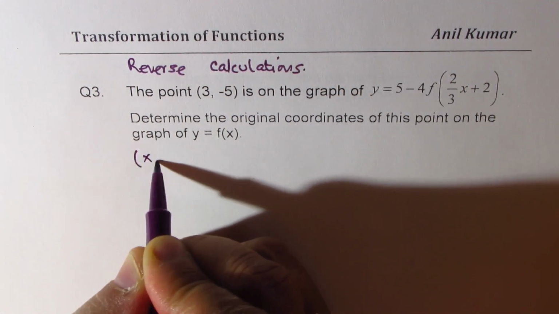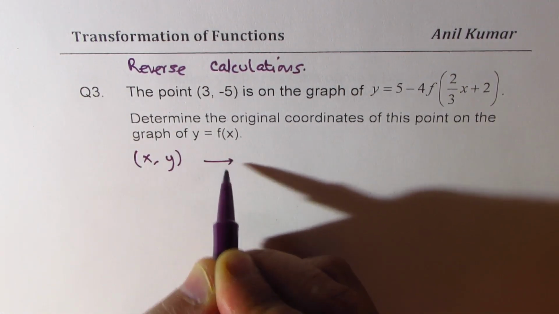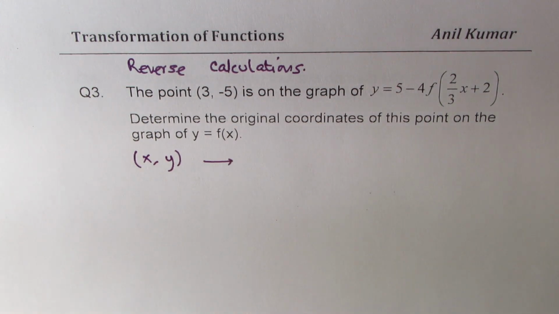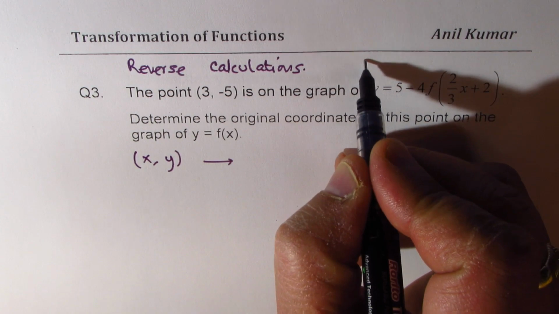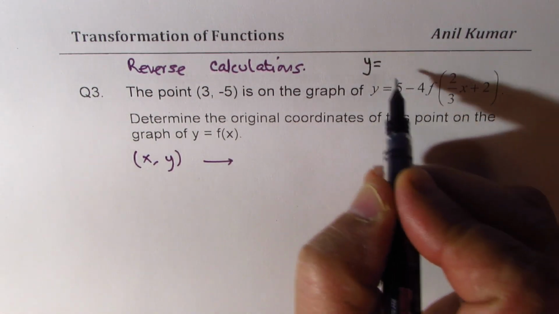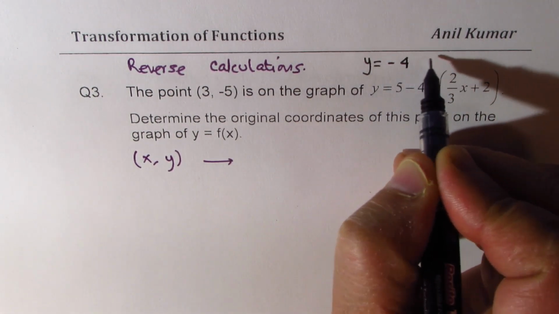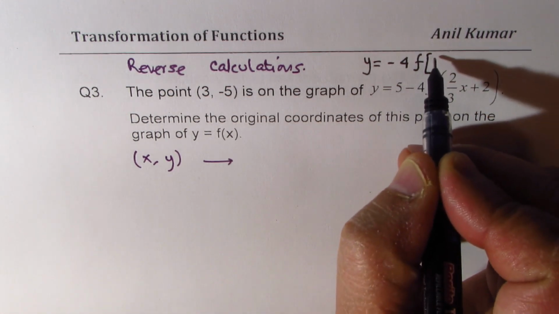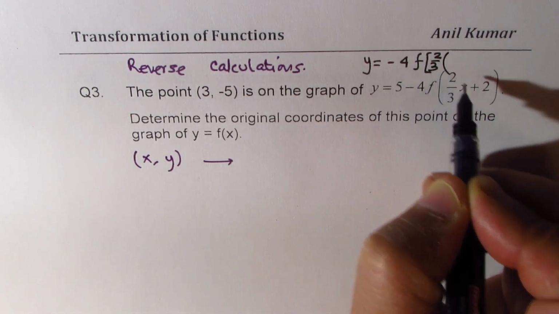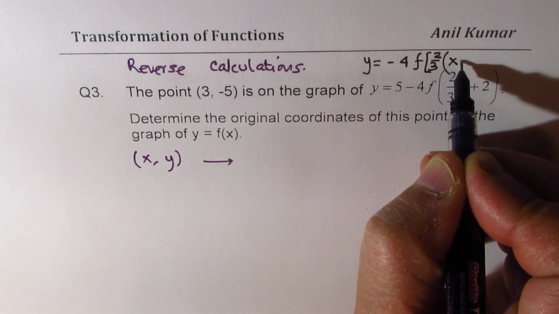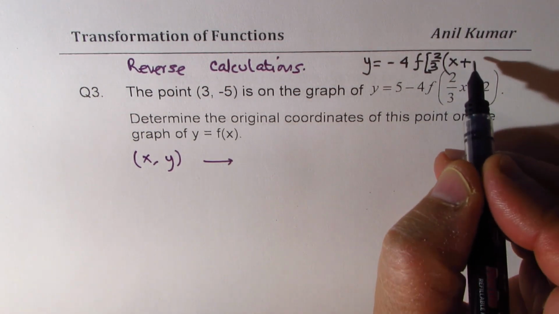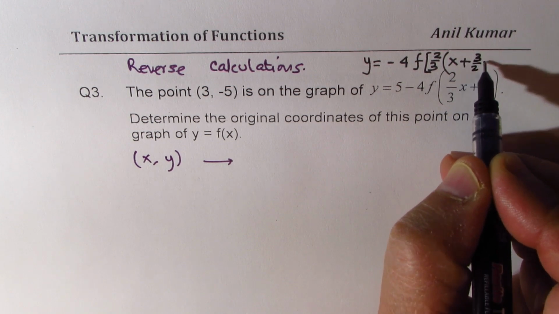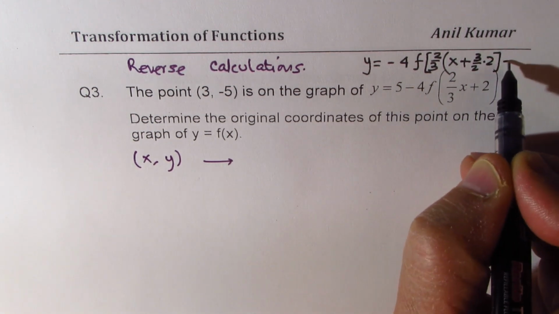So what we are given here is that the original is y = f(x) and this is the transformed function. In the transformed function, let me rewrite this as y = -4f of, taking 2/3 common, so we get (x + 3) over 2 of 2, plus 5.